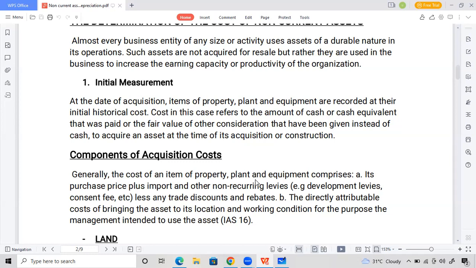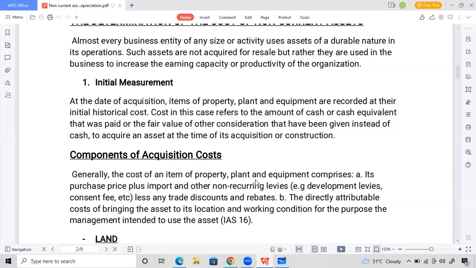So assuming that you are not paying cash, for example, I'm not paying you cash to acquire this asset, but I'm going to drop my laptop or my phone. So there's no cash, and the fair value of your laptop or your phone will serve as the cost that you are paying.